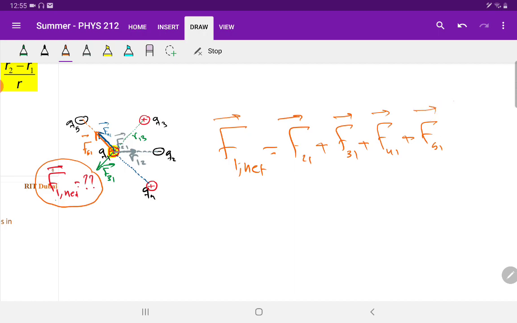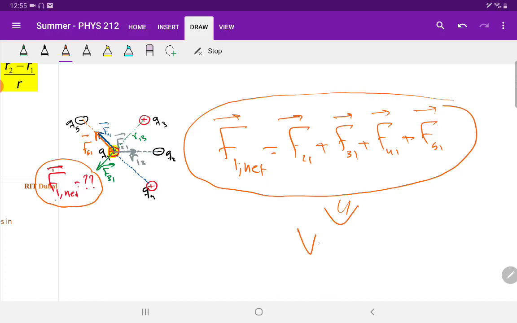And keep in mind that this is a vector. Vector means I don't just add the magnitude of each one, algebra, no. We have to consider the vector summation here.